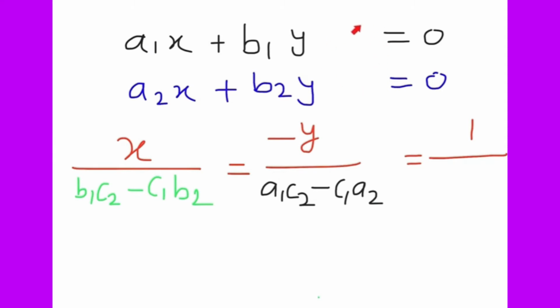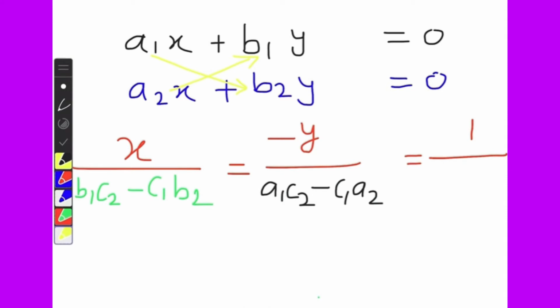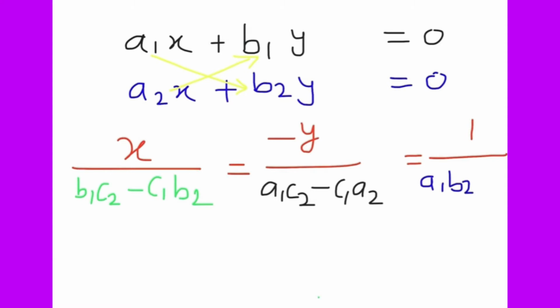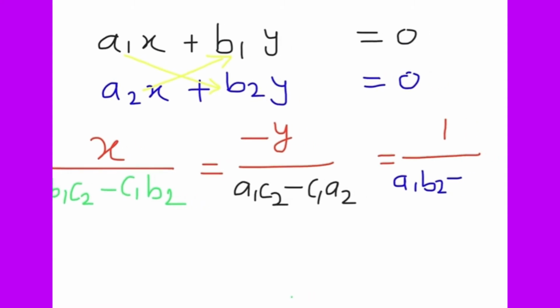Again you cross multiply as a1 with b2 and a2 with b1, and write it just under the third term, that is under 1. So you write this cross multiplication a1b2, and now put the negative sign here, and then b1a2.